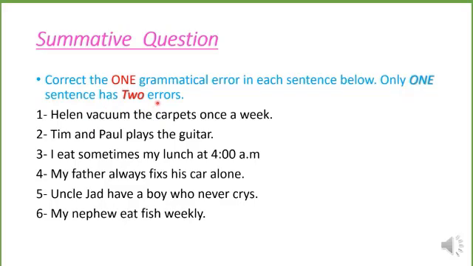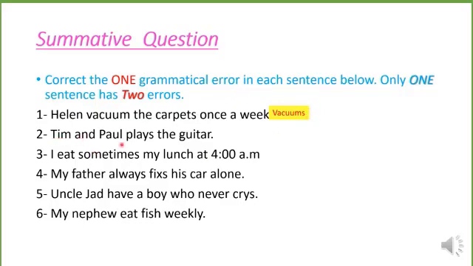Or ES if the verb ends in S, SH, CH, X, or Z. Or if the verb ends in Y, and before Y we have a consonant letter, just cross Y, replace it with I, and then add ES. So here, the verb vacuum should be vacuums, because we have a singular subject, it should take a singular verb by adding S.